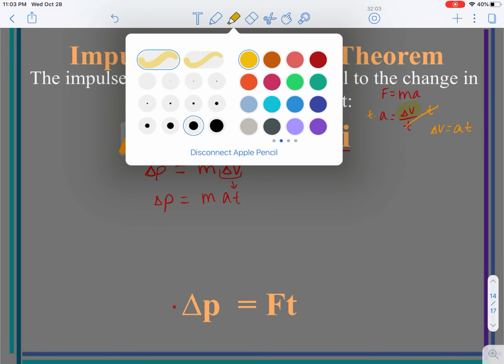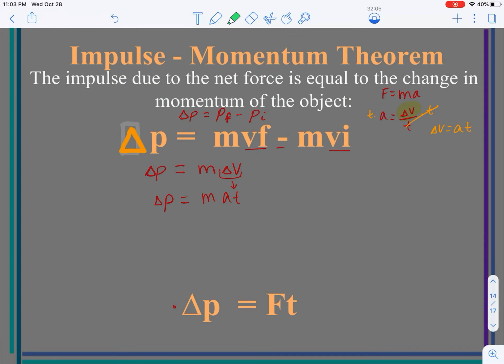Now, we already saw that force is equal to mass times acceleration. So this mass times acceleration can now be replaced. Mass times acceleration is equivalent to a force. So force times time is equal to my change in momentum, okay?